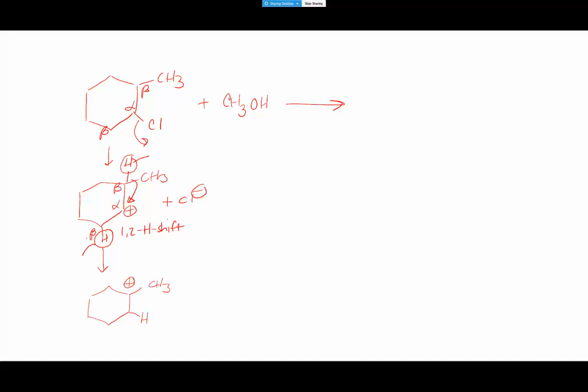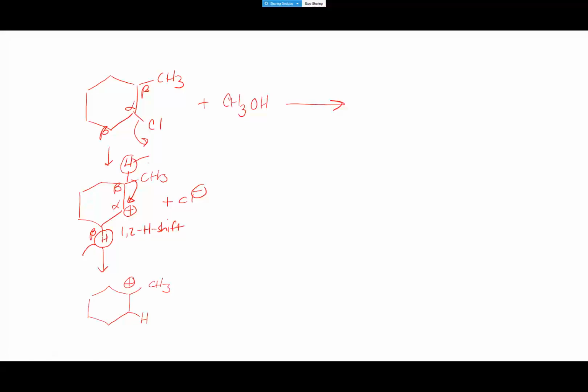So why did we shift the top beta hydrogen that I'll call beta hydrogen A? Why did we shift HA instead of HB? Because I get a tertiary carbocation instead of a secondary one. So that's why we're shifting the top hydrogen.